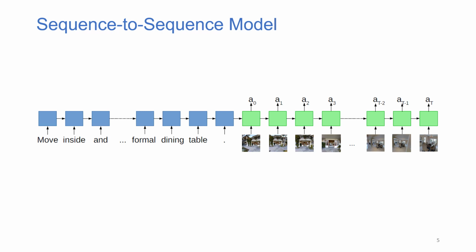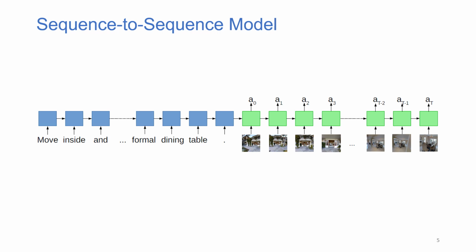For follower models, the inputs are natural language and outputs are visual routes, which is the opposite for the speaker models. And all these blocks, as you can see in blue and green, are basically attention blocks.